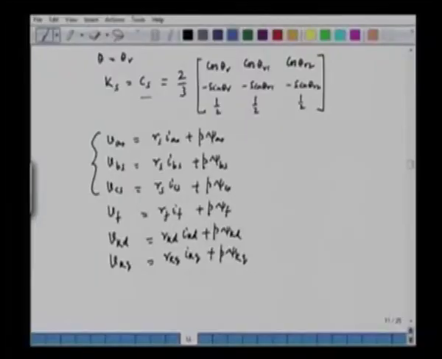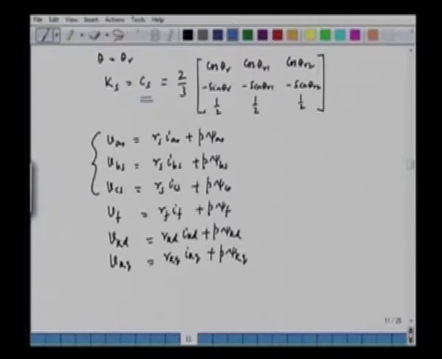Now, when we take a rotor reference frame, we have to transform the variables from the physical ABC windings to the rotor reference frame rotating with the rotor, and hence we need a transformation matrix. The transformation matrix is CS, which we have already seen in the last lecture.